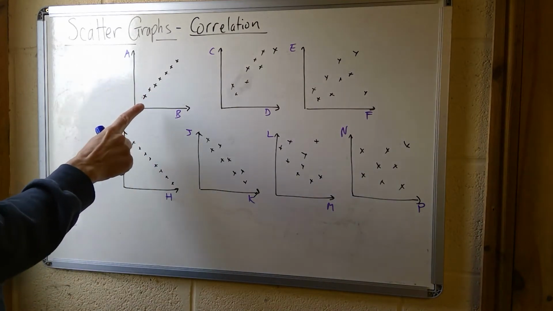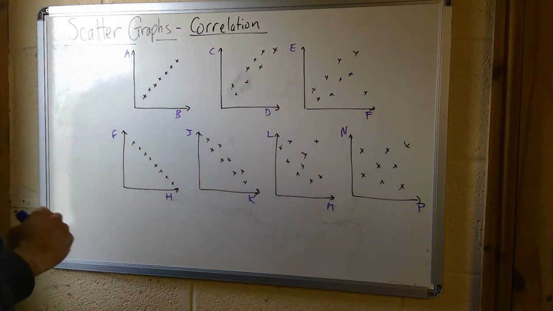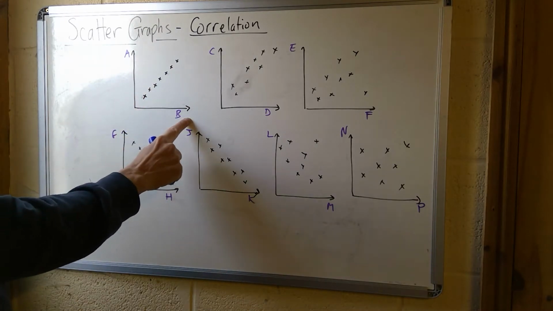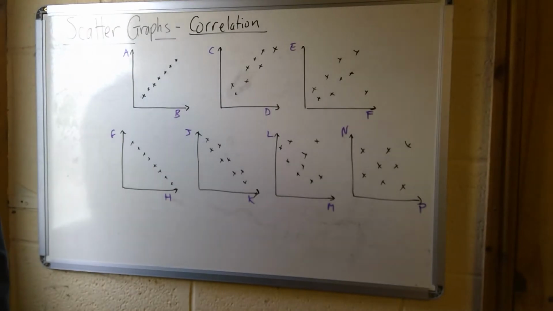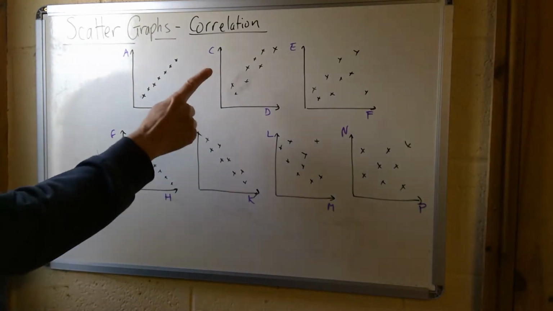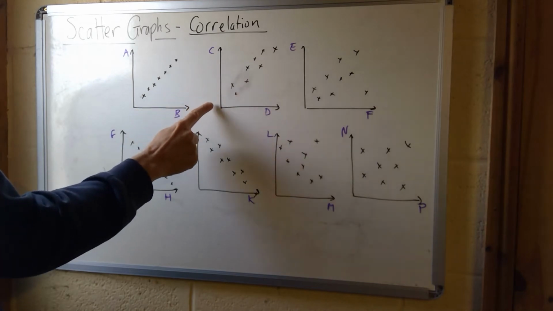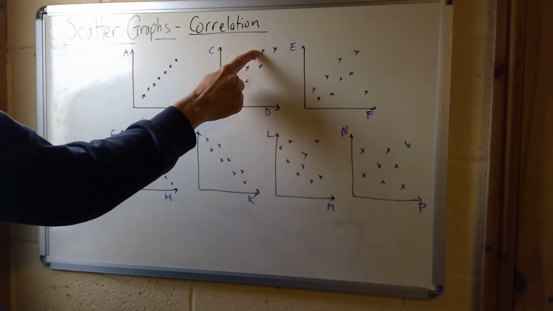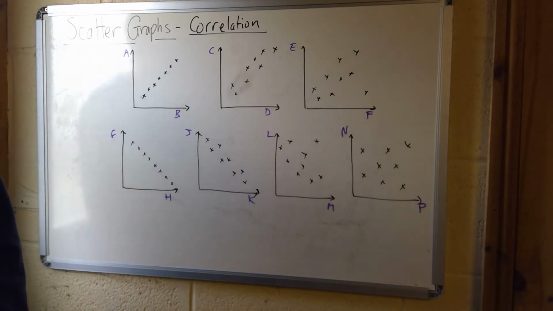So if we take this first example, as variable A increases, so does variable B. And we call that positive correlation. As one increases, so does the other. We can see on this second scatter graph here, as C increases, as the scores get higher for C, they also do for D. So this is also an example of positive correlation.